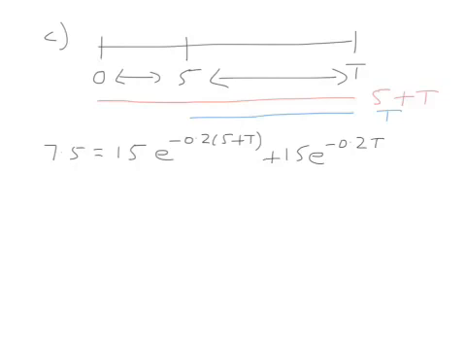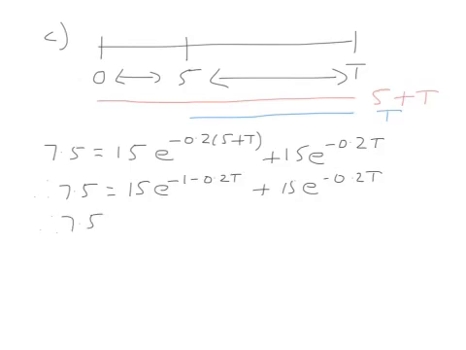So now we need to solve this equation. Let's multiply out 0.2 times 5. So this is e to the minus 1 minus 0.2t. We can split that up.